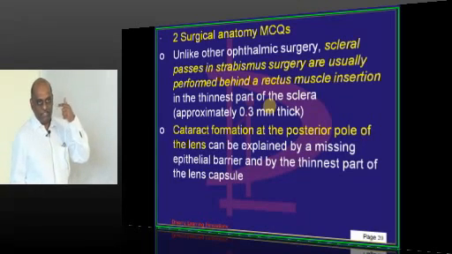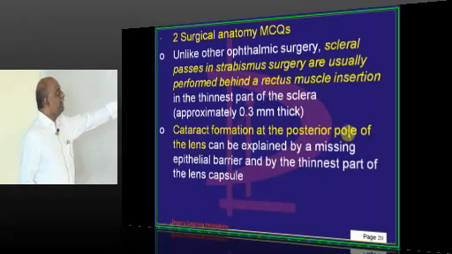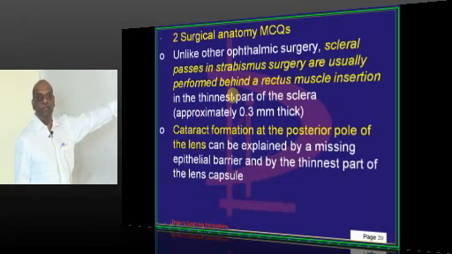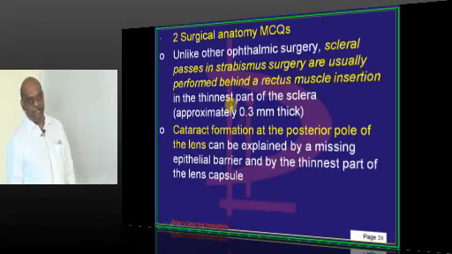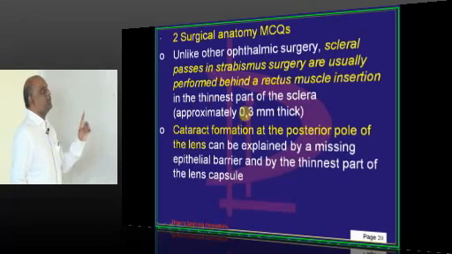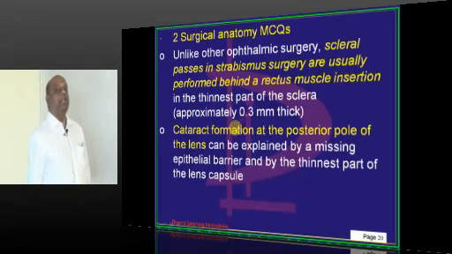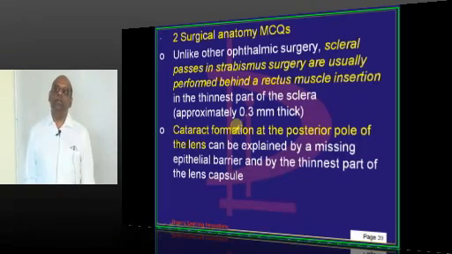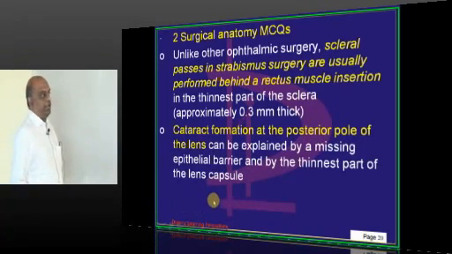You will choose the point of insertion of the rectus muscle into sclera, because that being the thinnest part, which is only 0.3 mm, is the point where you pass the scleral pass.